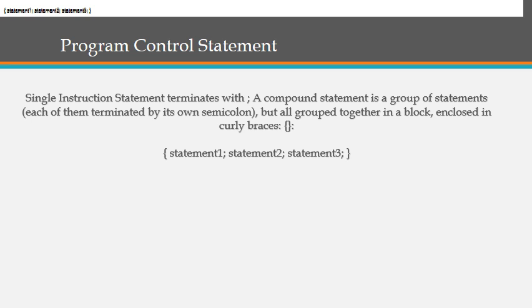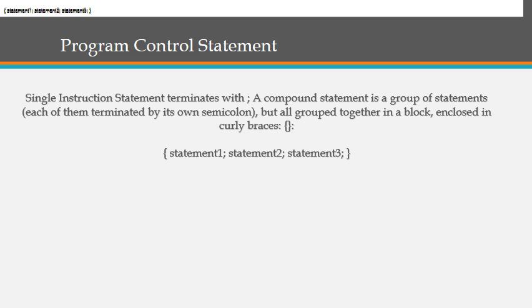But we also saw that programs are not limited to just one statement. The statements can be grouped together to form what we can call a compound statement or a group of statements.